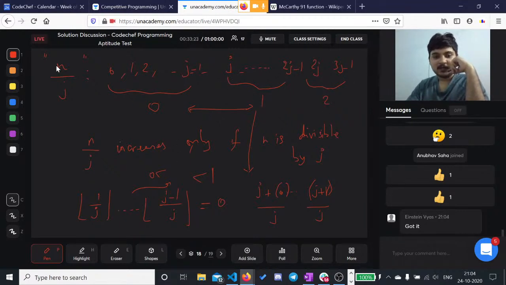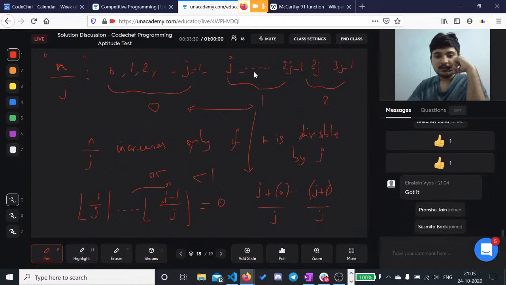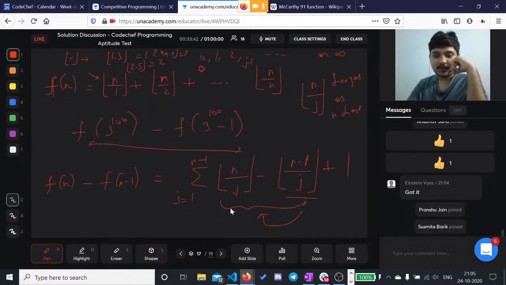And so considering floor of n by j, what happens is as n increases, floor of n by j can increase by only 1, from 0 to 1, from 1 to 2, etc. And it will increase only if n is divisible by j. So coming back to the previous slide, a lot of terms here are going to be 0.